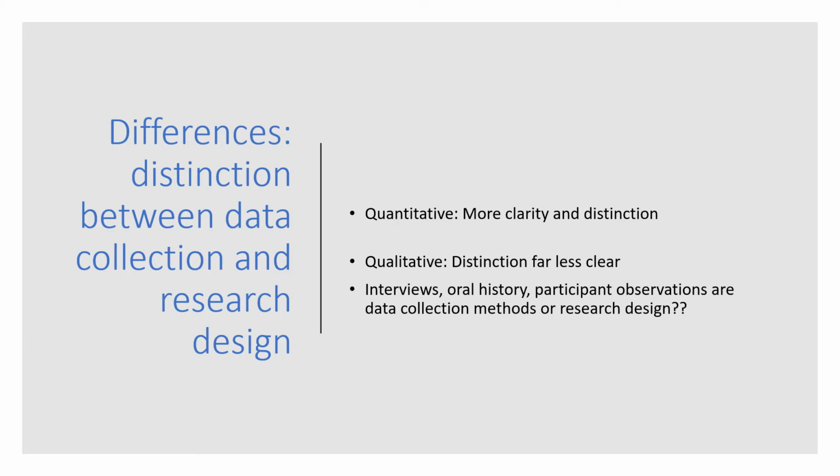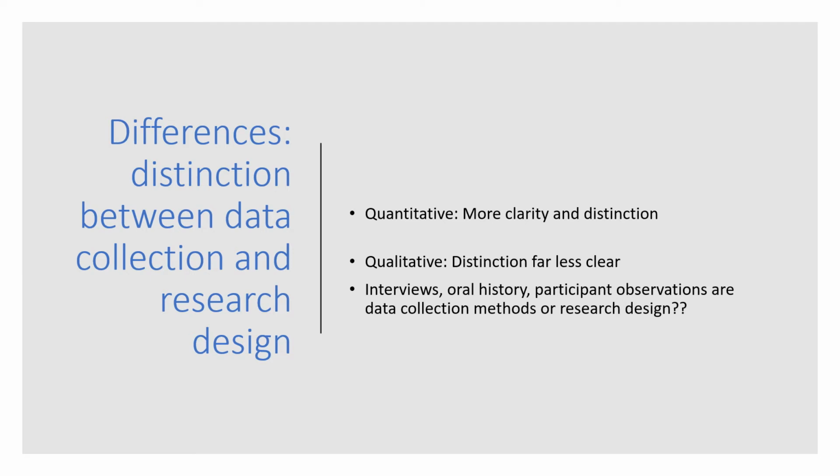So in qualitative studies, the distinction between study designs and methods of data collection is far less clear. In qualitative research, there is an overlap between the two. Some designs are basically methods of data collection. So for example, in-depth interviewing is a design as well as a method of data collection. So is participant observation, so is oral history. Quantitative study designs have more clarity and distinction between designs and methods of data collection.